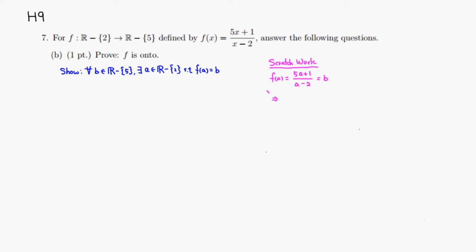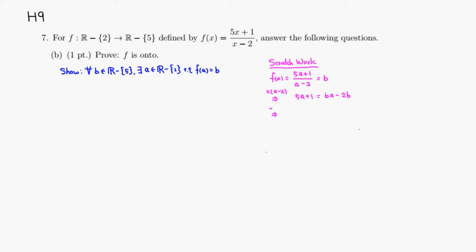First, multiply both sides by the quantity a minus 2. You will get 5a plus 1 is equal to b times a minus b times 2. Then I'm going to put all of the terms with a on the right and everything else on the left.